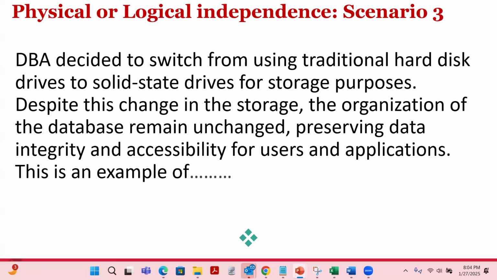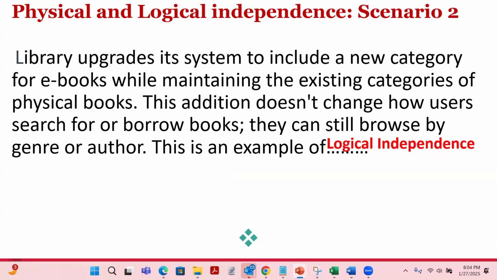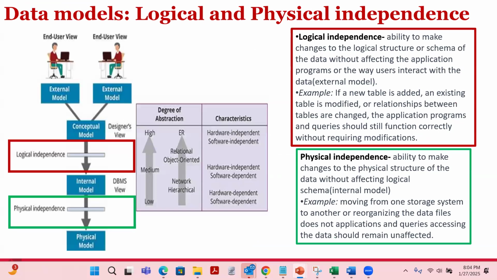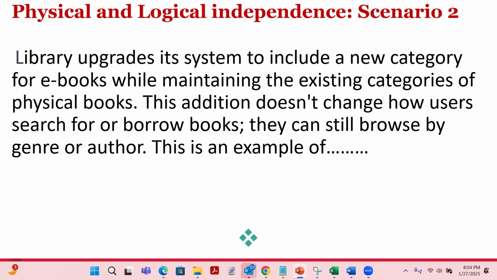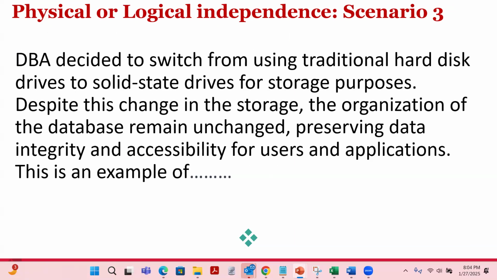So same analysis here. First, we need to identify where the actual change is happening, on what level, based on the diagram on this page. So put me on hold for a second and think what would be the right answer for scenario 3.